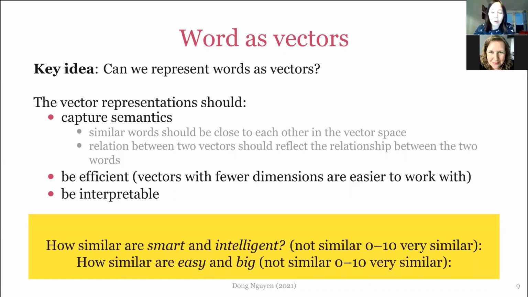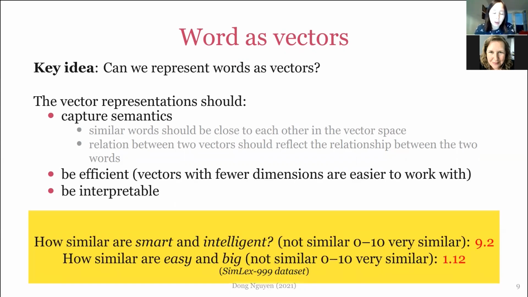Right, so, well, this was done in the past, asking a group of people. And for example, people said on average, smart and intelligent received a 9.2. They're quite similar. Well, easy and big, they are not very similar in meaning. And so on average, they got a 1.12.